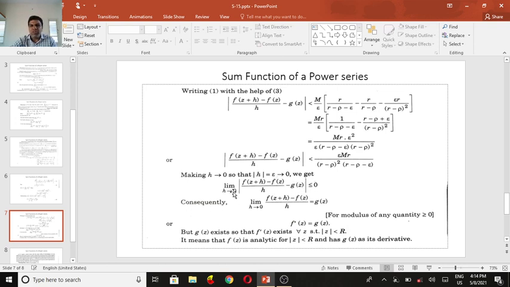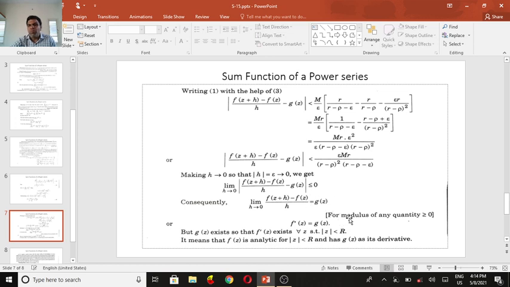We get the limit as h tends to 0 of the absolute value of (f of z plus h minus f of z) by h minus g of z is less than or equal to 0. That is, the limit as h tends to 0 of (f of z plus h minus f of z) divided by h is equal to g of z.